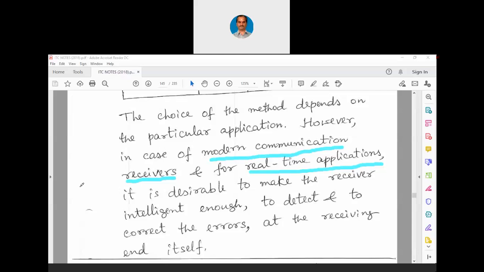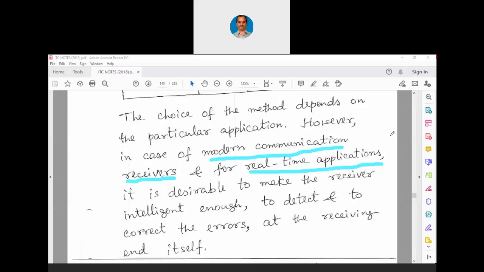So larger memory, larger speed, both are there in our communication equipment. Actually, we want real-time applications only, right? Real-time applications means between the transmitter and the receiver, we don't want any latency or delay as such, because the delay will affect the normal communication process itself. So it is possible that we will make our communication equipment more intelligent so as to suit real-time applications.